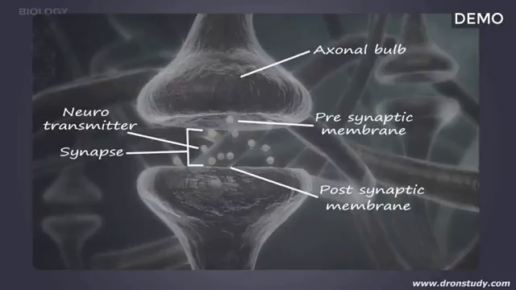After entering, they attach themselves to the synaptic vesicles and carry them right up to the membrane. Once they reach the membrane, by the process of exocytosis, the vesicles release the chemicals.